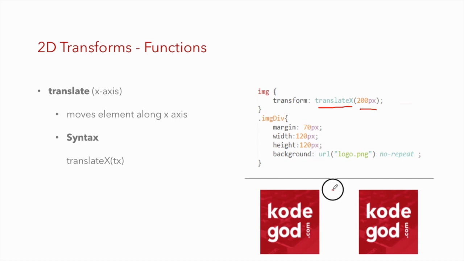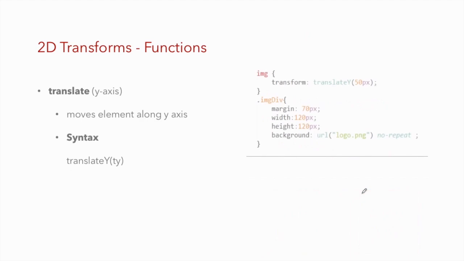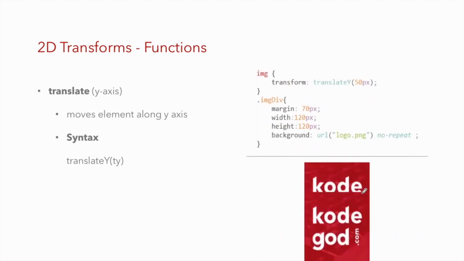If this was your original location, you are shifting the image by 200 pixels on the x-axis. Similarly, we have translateY, which will move your image along the y-axis. If this was the original space, then the image is shifted on the y-axis from the top by 50 pixels.